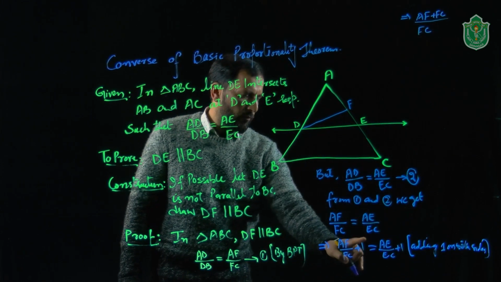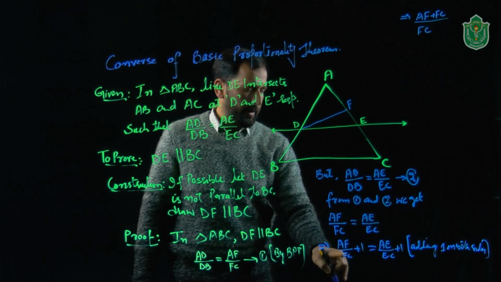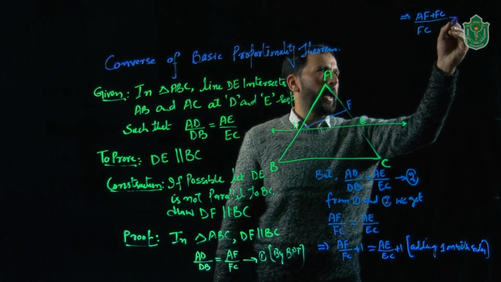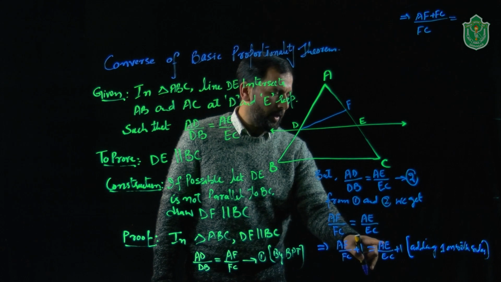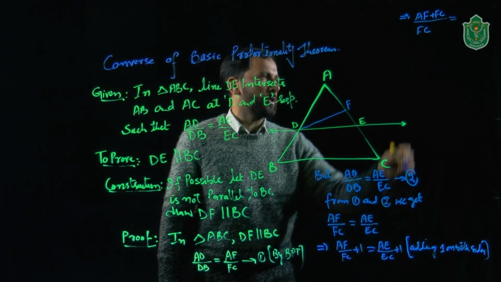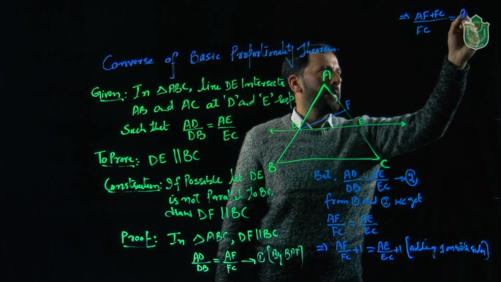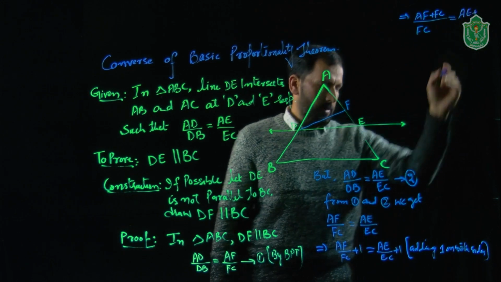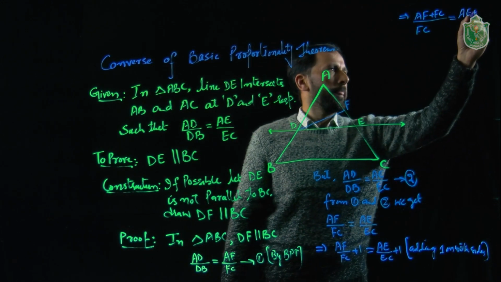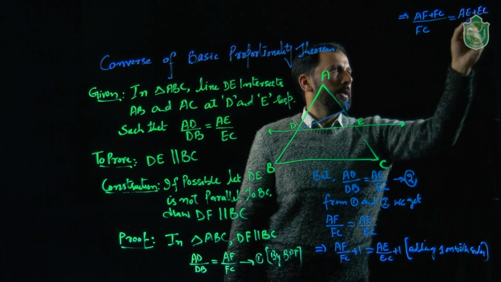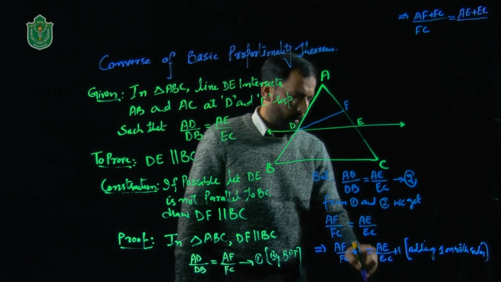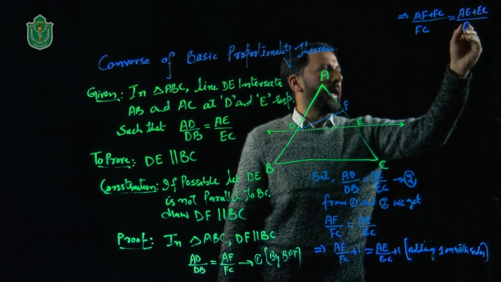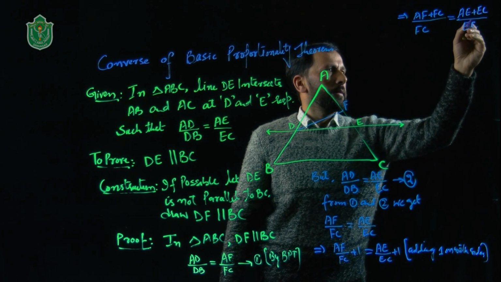This one, AF into FC is FC and divided by FC is equivalent to the same here, that is AE plus 1 divided by EC. So we can write it as AE plus EC divided by EC. Look at the figure and this one.